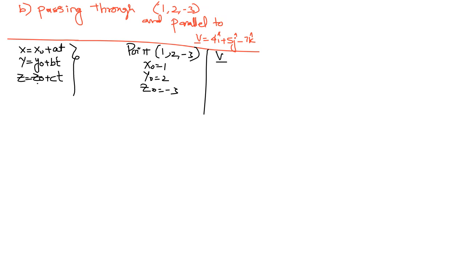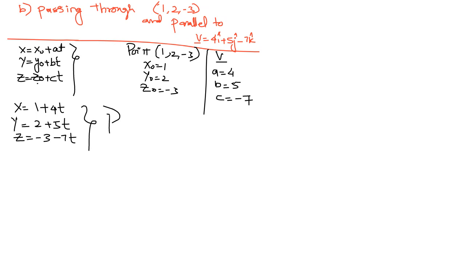And the vector v is given, so a is equal to 4, b is equal to 5, and c is equal to -7. Substituting the values, you will get x is equal to 1 plus 4t, y is equal to 2 plus 5t, and z is equal to -3 minus 7t. So these are the parametric equations. Is this clear?